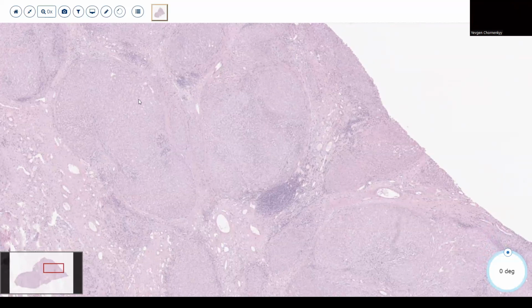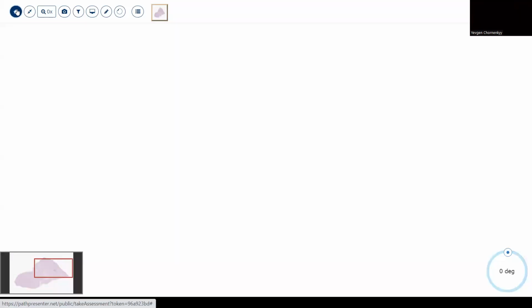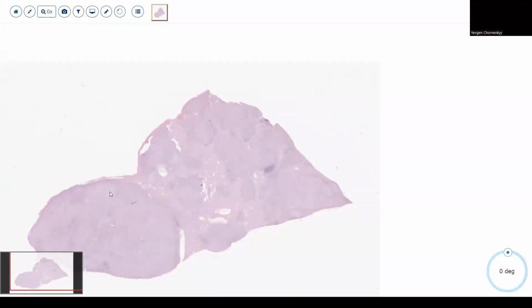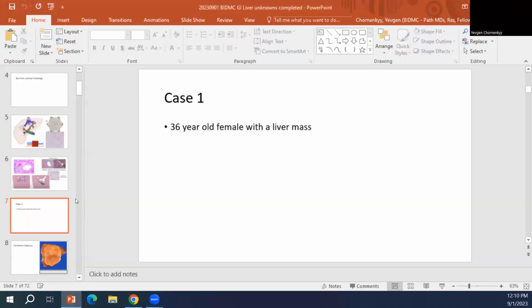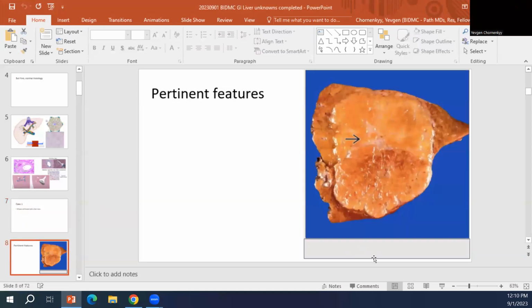You also got a case history of a female with a liver mass, so more pushing in the neoplastic nodular differential versus a drinker with cirrhosis or something like that. Hopefully that was what you guys were thinking. If you were, that's great. I'll pull up the PowerPoint and go over some pertinent features.